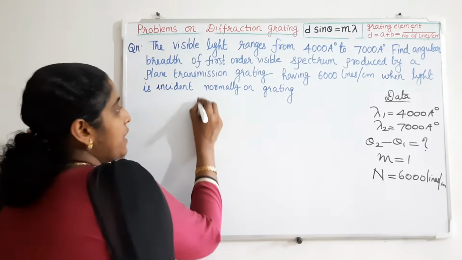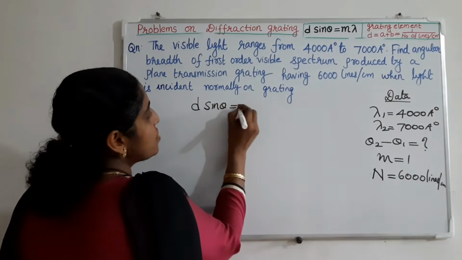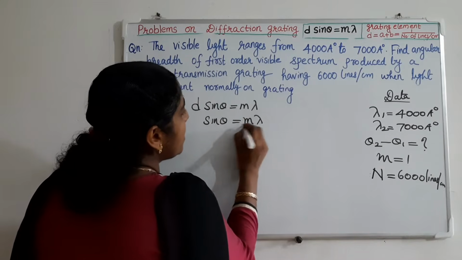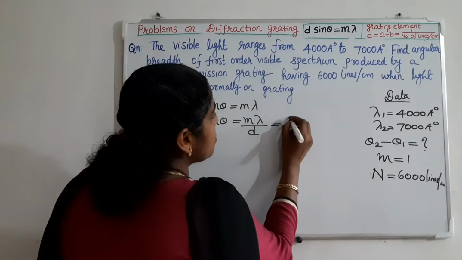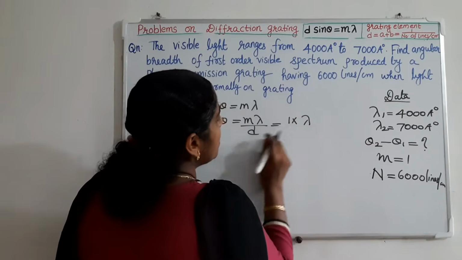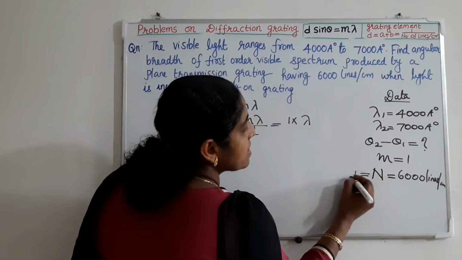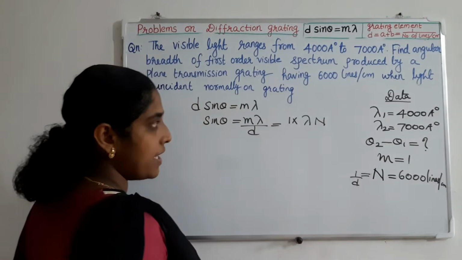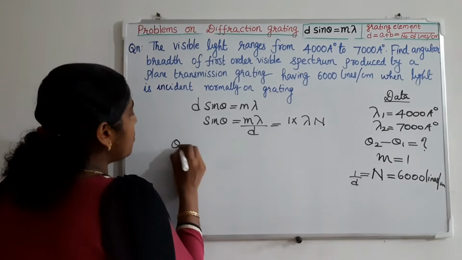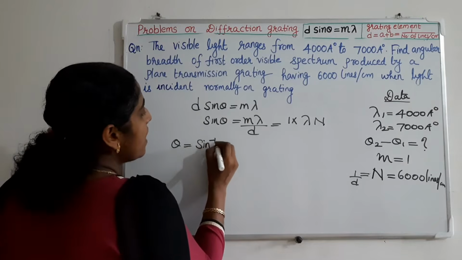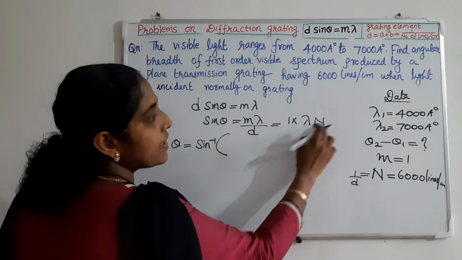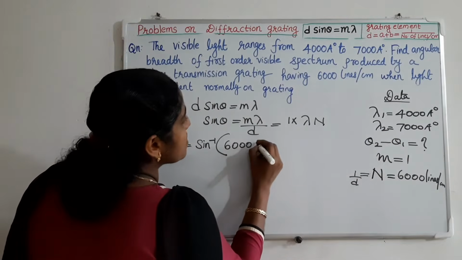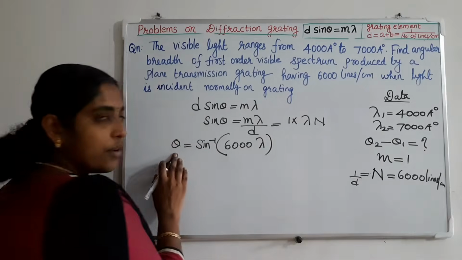From the grating equation, d sine theta is equal to m lambda, sine theta is equal to m lambda divided by d, where m is equal to 1, into lambda, into 1 by d. 1 by d is the number of lines per centimeter, so we can write this 1 by d as n. So theta is equal to sine inverse of lambda n. N is 6000. So sine inverse of 6000 lambda is the angle of diffraction.